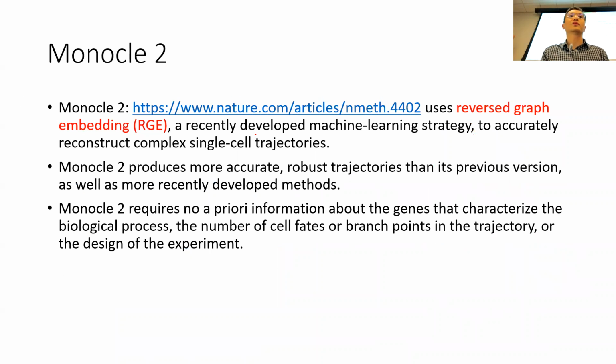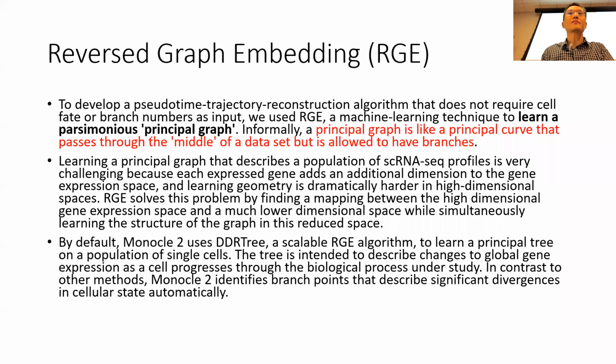Well, in Monocle version 2, they use so-called reverse graph embedding. So I would like to say to the authors, if you use a completely different algorithm, you shouldn't keep the name, that's a different version. So anyway, it's widely used.